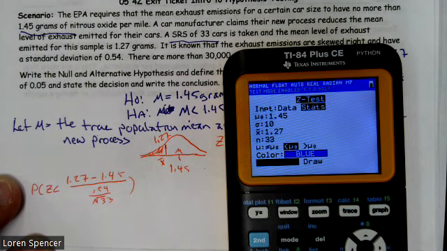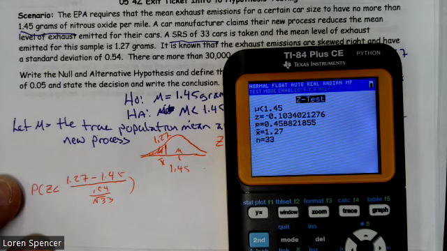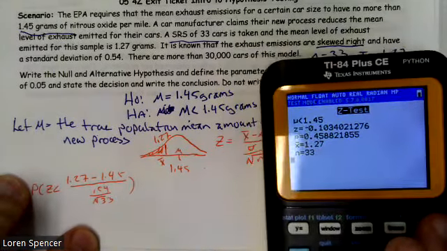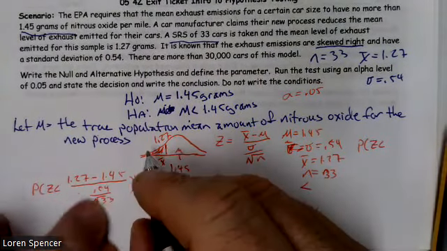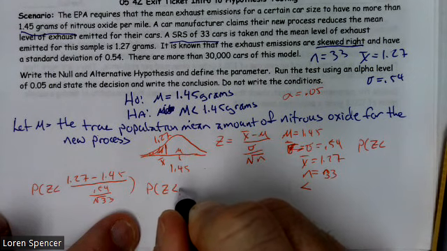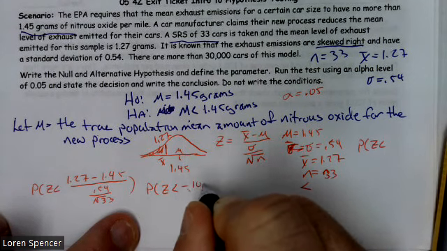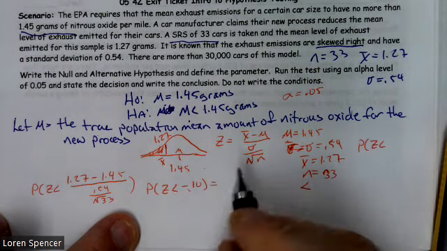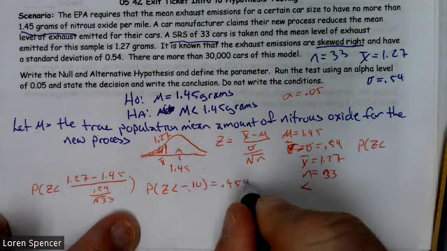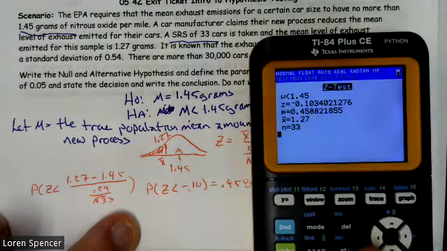And we need a less than. We calculate, and we end up getting a Z of negative 0.1. So the probability of Z is less than negative 0.10 equals 0.4588. And check that real quickly.